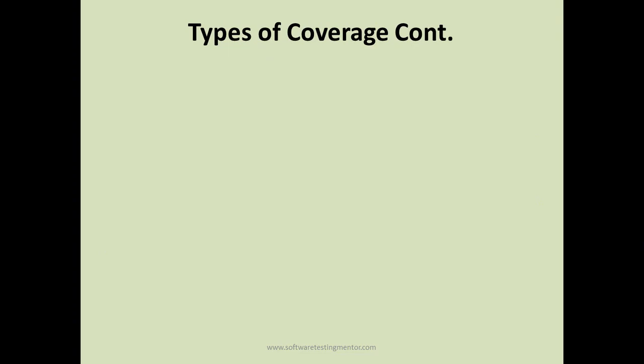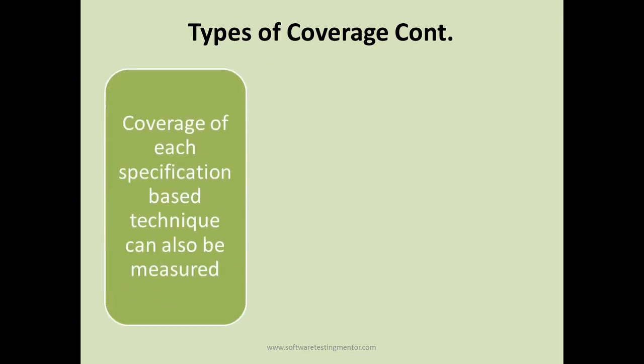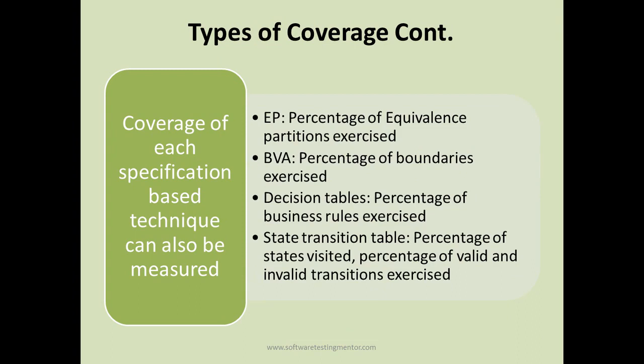So what are the other types of coverage? Coverage of each specification based technique can also be measured. For example, you have specification based techniques such as equivalence partitioning, boundary value analysis, decision table. For equivalence partitioning, it is the percentage of equivalence partitions exercised. For boundary value analysis, percentage of boundaries exercised.